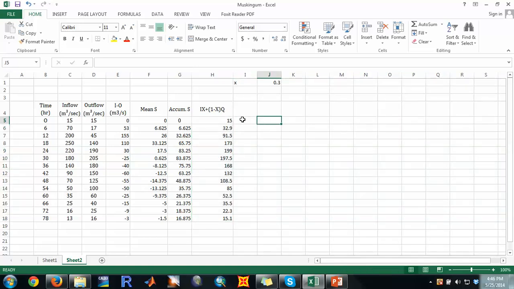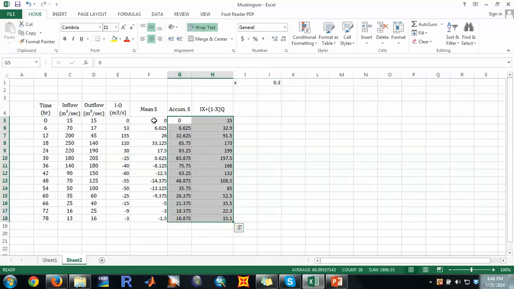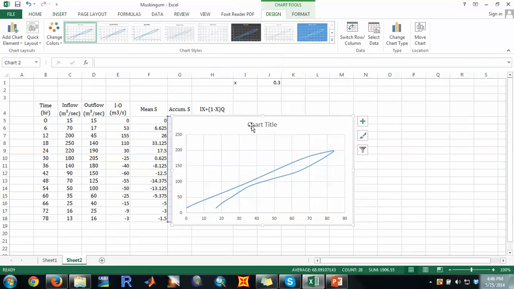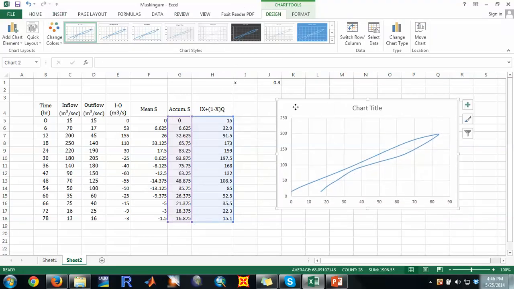Now you have to plot S on the x-axis and this on the y-axis, and see what you get. Insert the curve. So this is what you have.